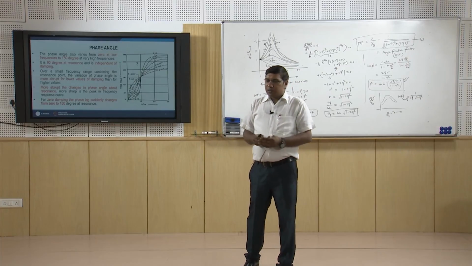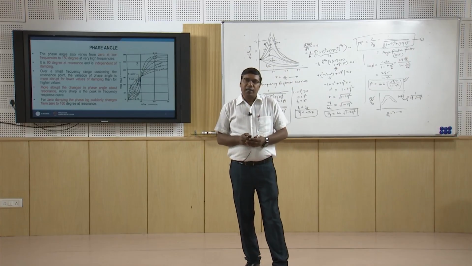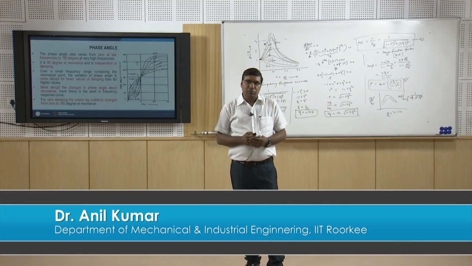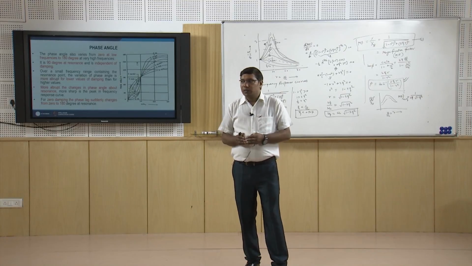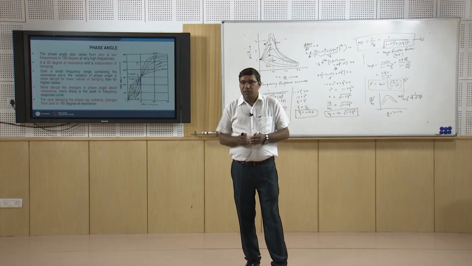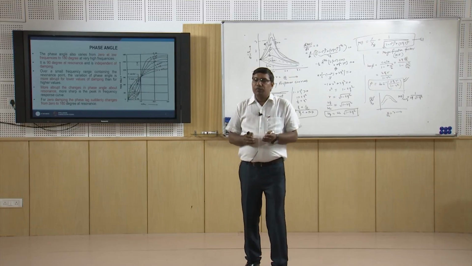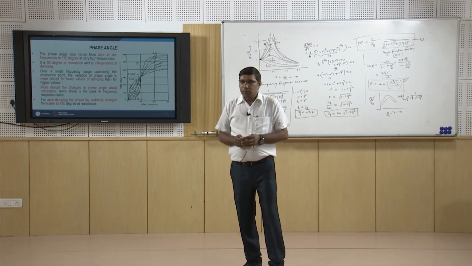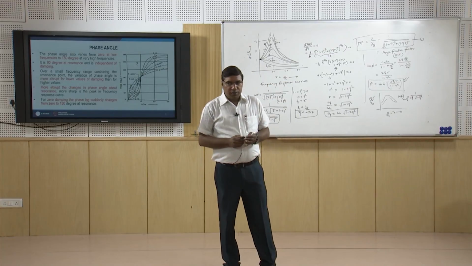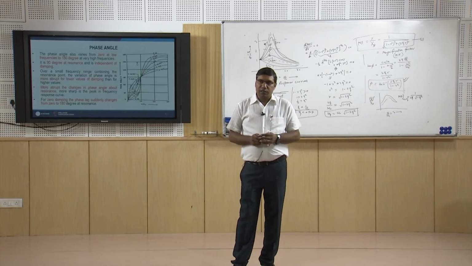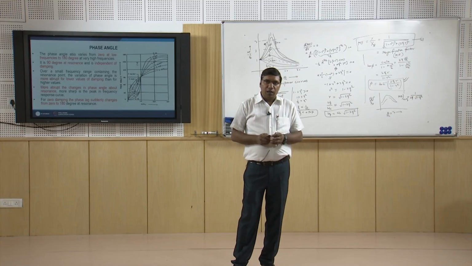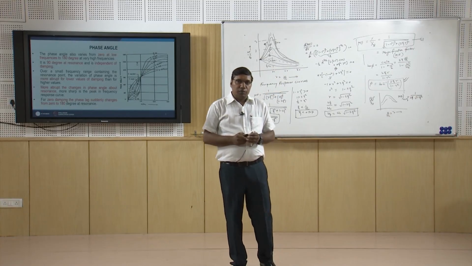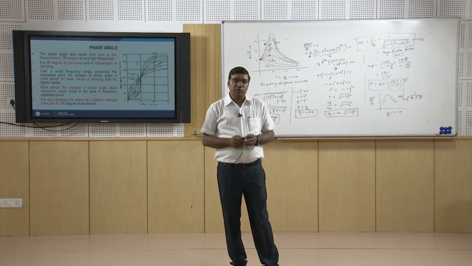So, they give us some information that can help us to design our system. I mean, we can select our frequency range, and based on the response we want, we can select the damping value. So, these frequency response curves and phase angle plots give us very important information, and that is useful for single degree of freedom systems.